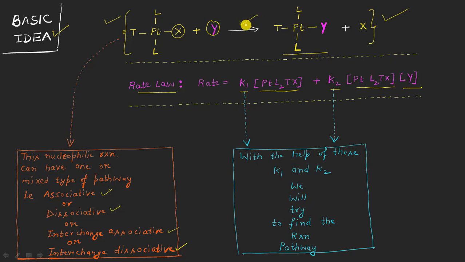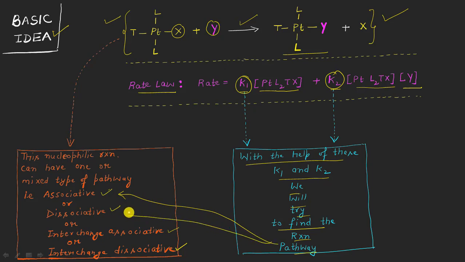It can be done with the help of the values of K1 and K2, right? So with the help of these K1 and K2 values, we will try to find out the reaction pathway, whether it is an associative type of pathway, or a dissociative type of pathway, or an interchange associative or interchange dissociative kind of pathway.